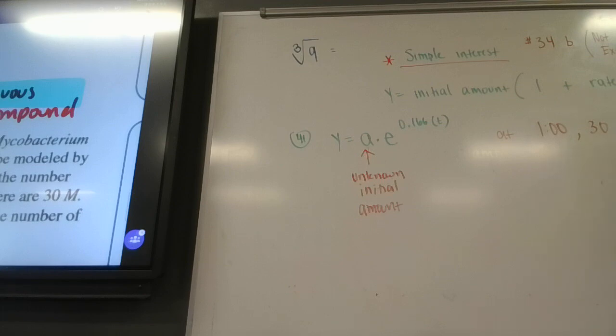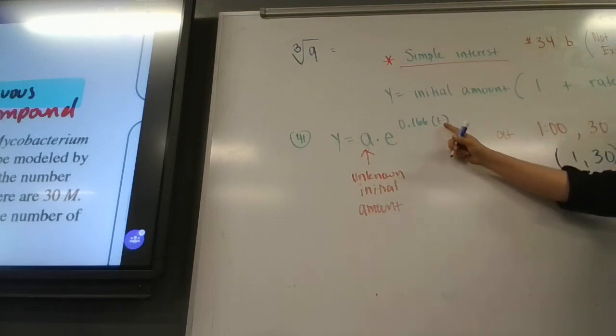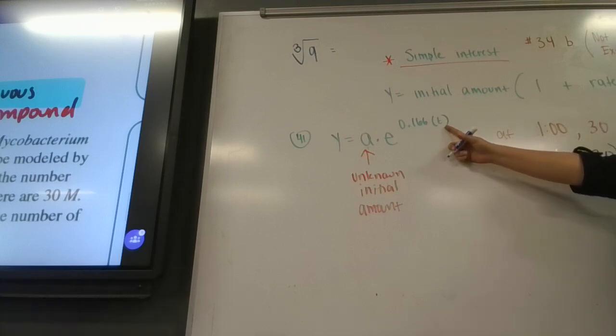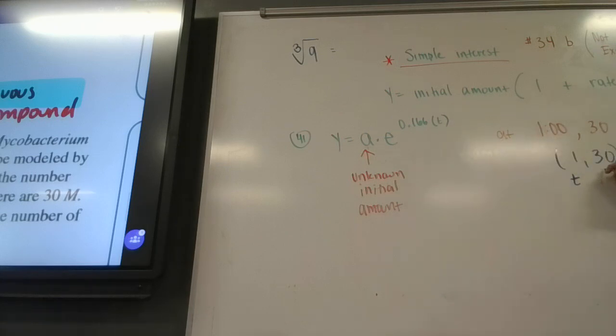This sentence can be thought of as a data set for the function. It would be like an ordered pair (1, 30), and t here is x. So we put 1, since this is 1 hour afternoon. We can say 1 hour after the initial amount, there were 30 bacteria.